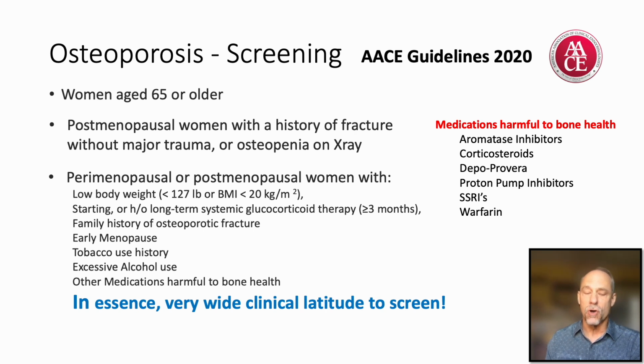If they're going to start a glucocorticoid, say for polymyalgia rheumatica, and they're going to be on it for a while, or another autoimmune condition, or if they've been on glucocorticoid therapy, if they have a family history of osteoporosis, if they've had early menopause, history of tobacco use, excessive alcohol use, and other medications that can be harmful to bone, and that's in the upper right there, things like aromatase inhibitors, corticosteroids, Depo-Provera, PPIs, SSRIs, and warfarin. And really what it means is that as a clinician, we have wide clinical latitude to offer screening to patients.